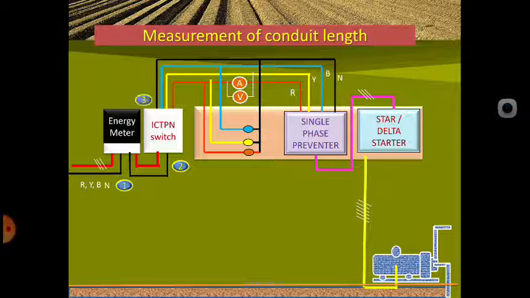Now from the third point to the fourth point, it goes to the horizontal run, and from the horizontal run it comes again to the lower side, to the single phase energy meter. Here also the length is very small, so we can use the flexible metal conduit.